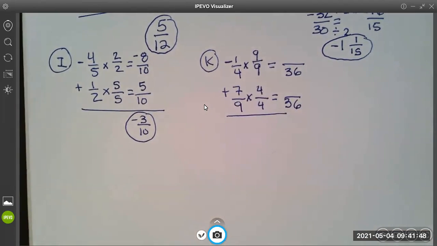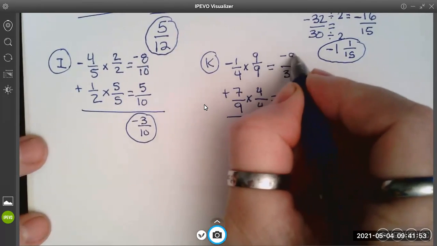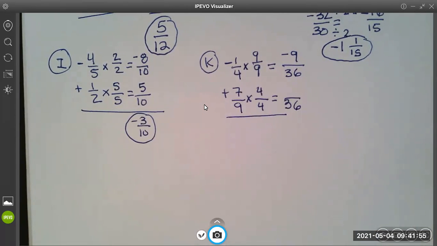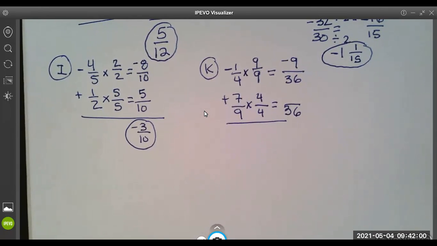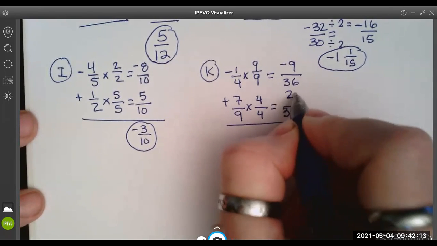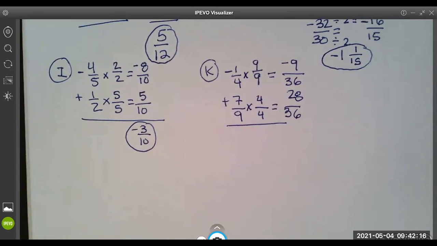What would the new top of the first one be? Negative 9. What would the new top of the second one be? 28. Okay, are these the same signs? No. So what are we supposed to do?